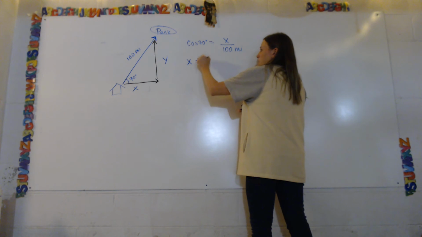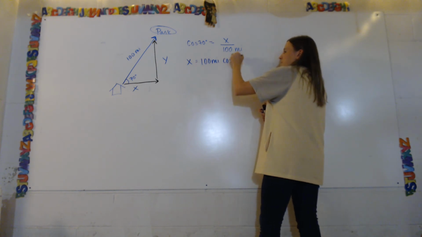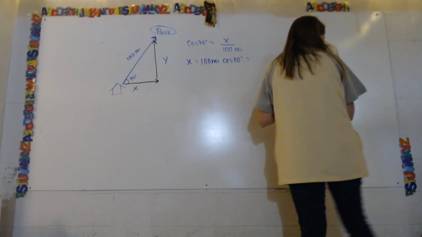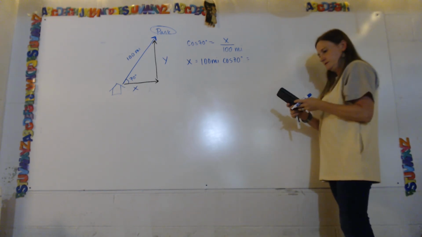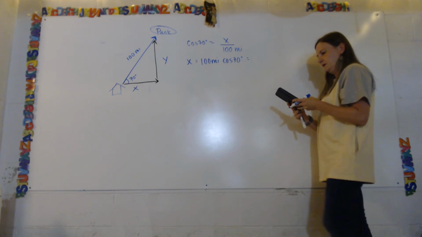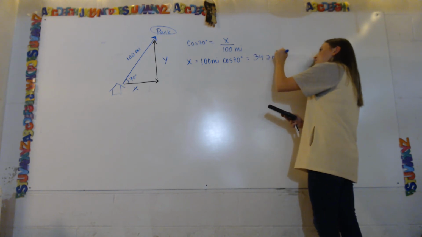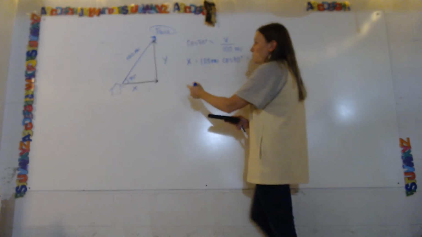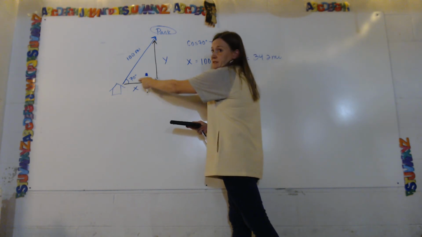So x is equal to 100 miles times the cosine of 70 degrees. And that is equal to 34.2 miles.